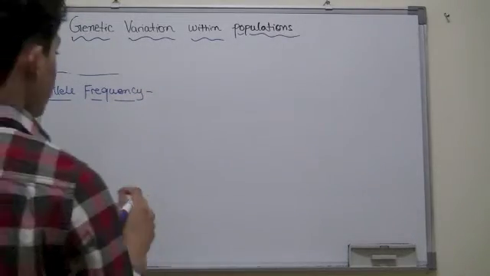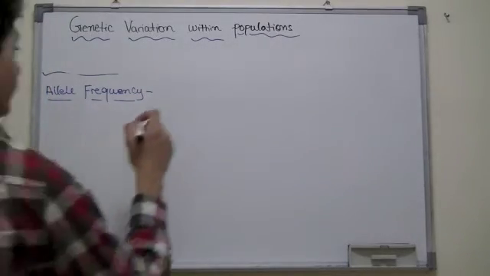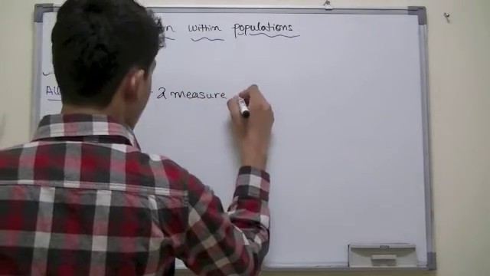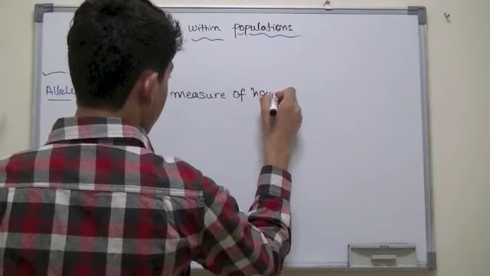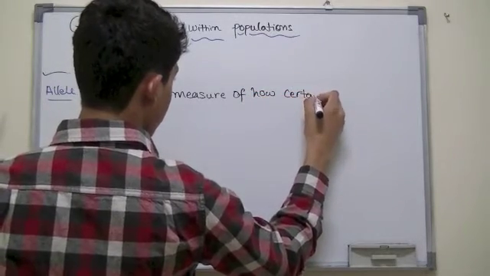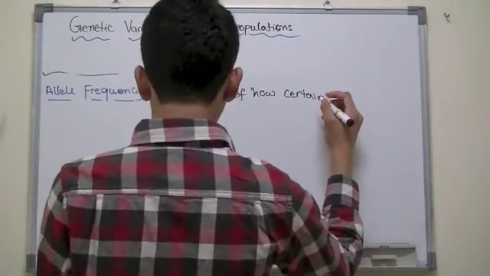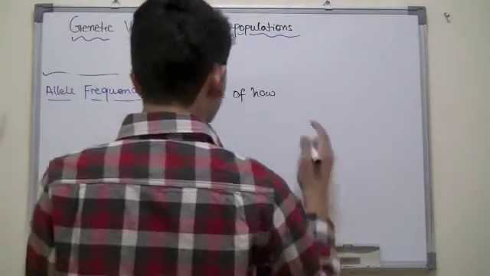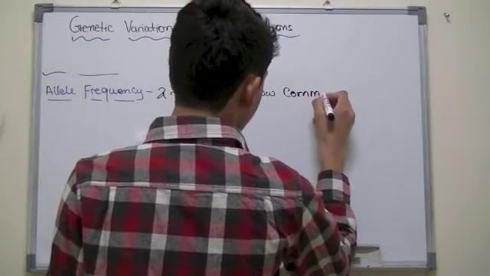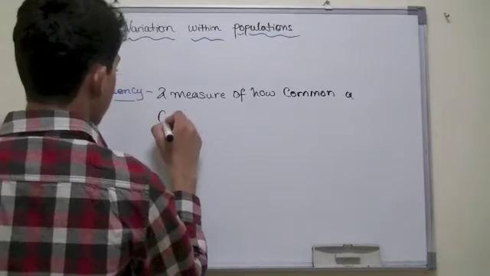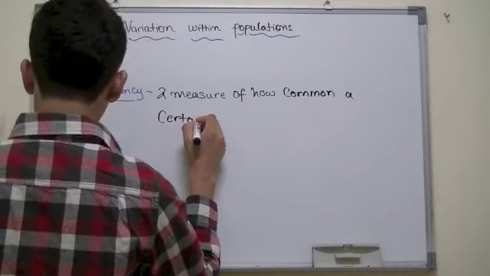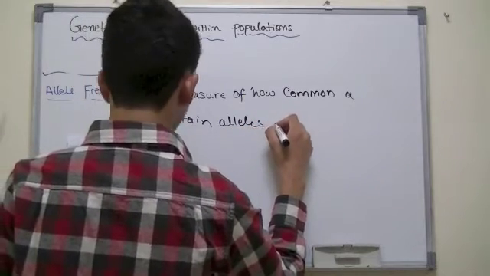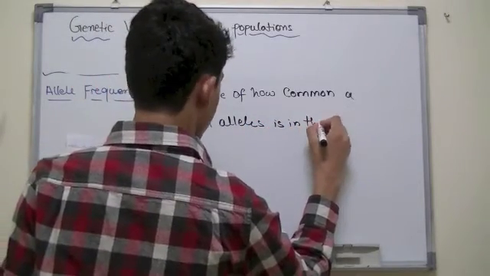Allele frequency is basically nothing but a measure of how common a certain allele is in the population.